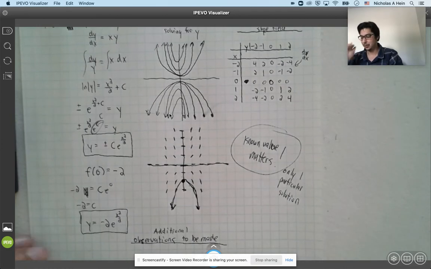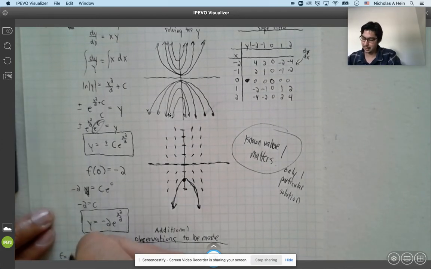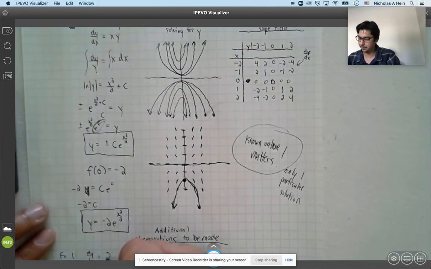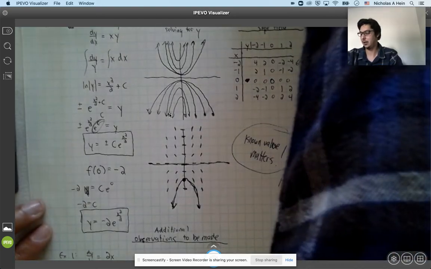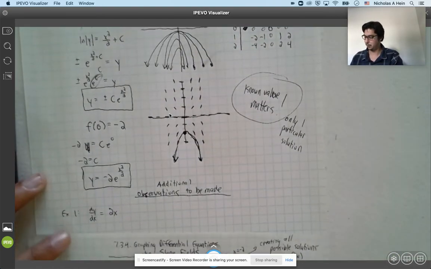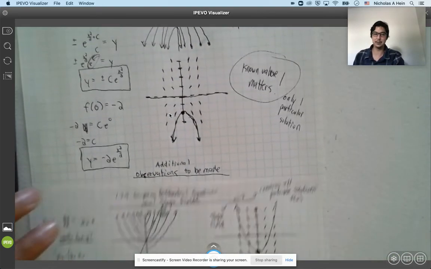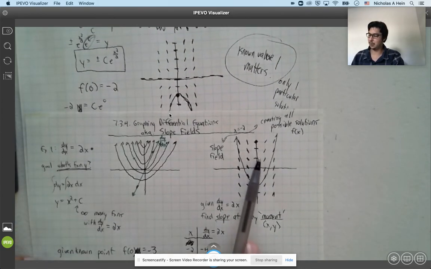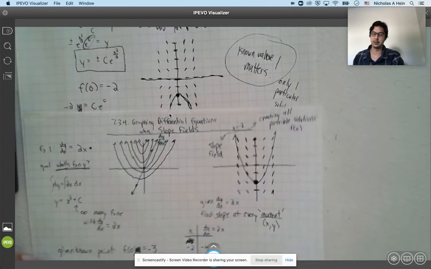In the very first one I gave you, in example 1, it was dy dx is equal to 2x. And notice that in this problem here, when we had dy dx equals 2x, the slopes were the same along a vertical line, right?